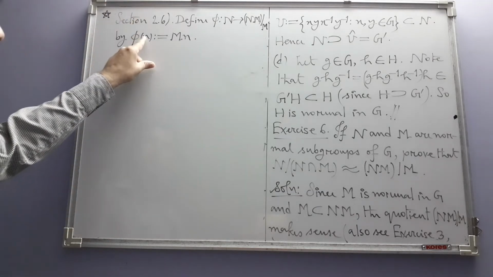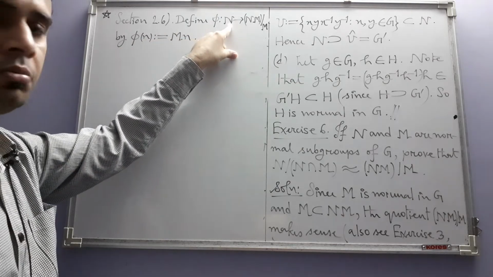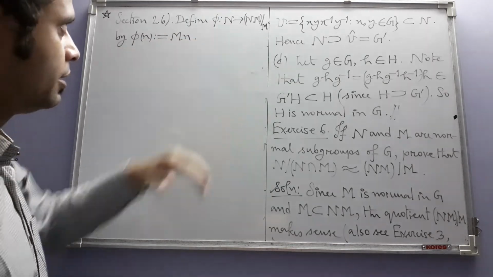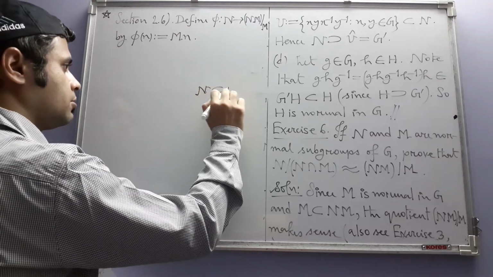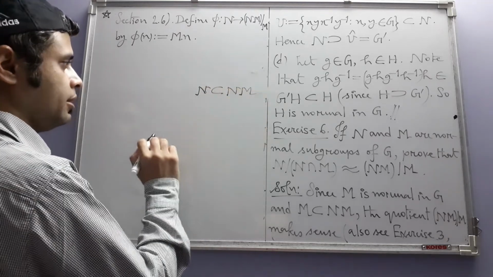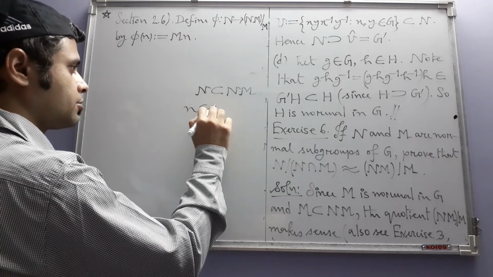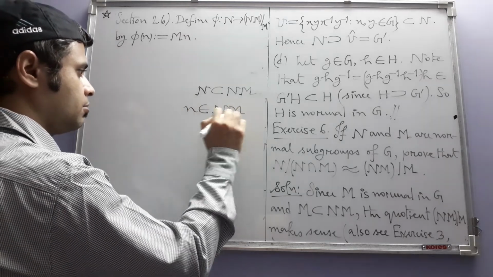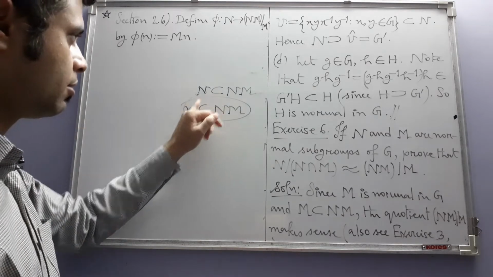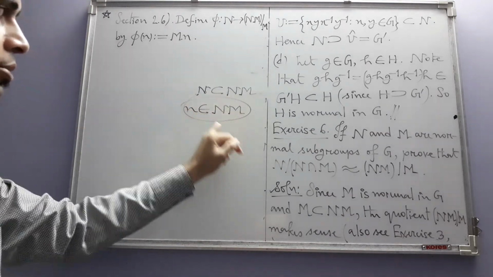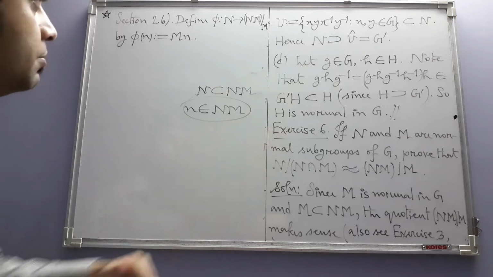Note that since n is coming from N, and just like M, N is also sitting inside NM, so n belongs to NM. Being in N also means n belongs to the larger group NM.